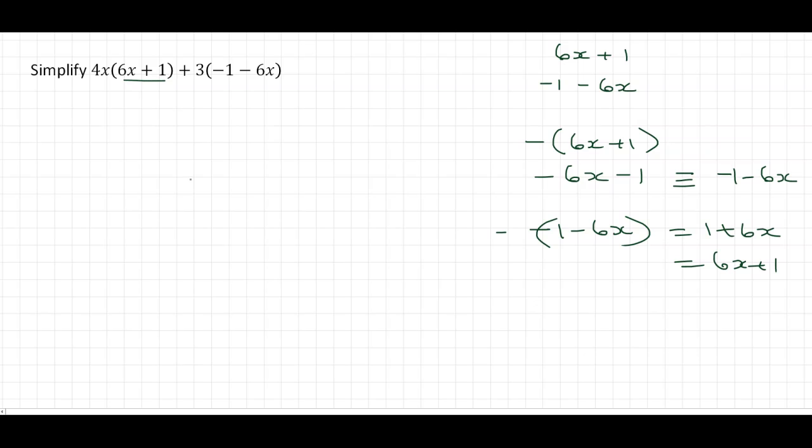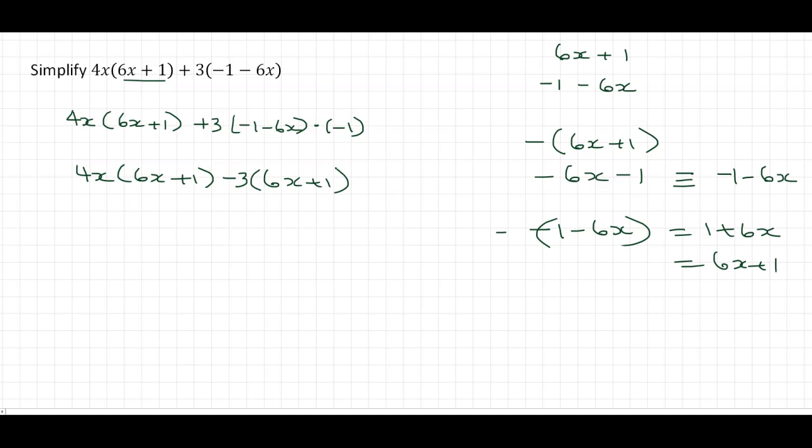So what I'm going to now do is, we have 4x, 6x plus 1, plus 3, and then we have minus 1 minus 6x multiplied by negative 1. So now I'm going to rewrite this as 4x, 6x plus 1, and then that negative 1 comes over here to 3, minus 3, and then we have 6x plus 1.